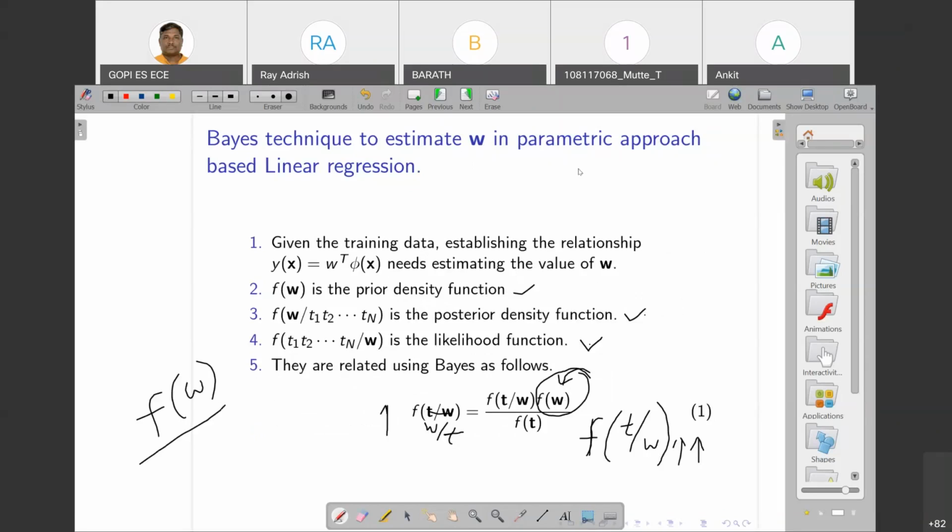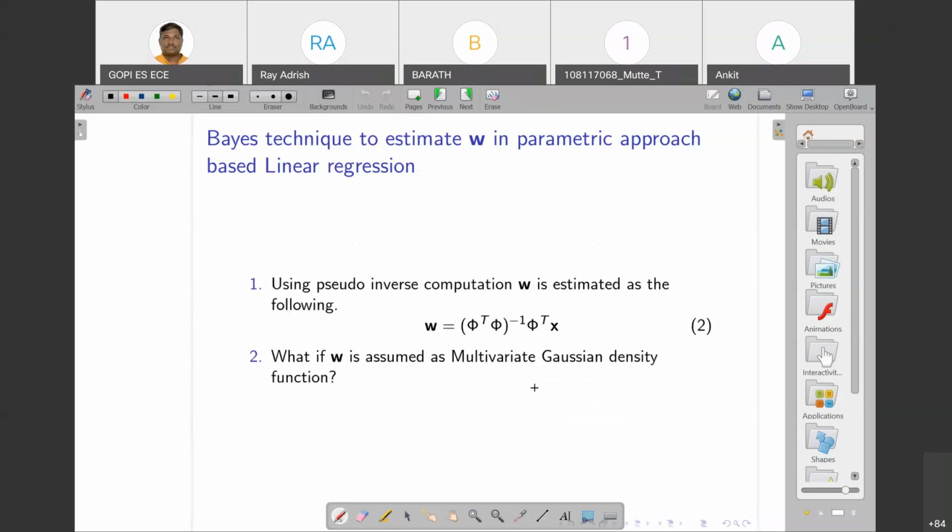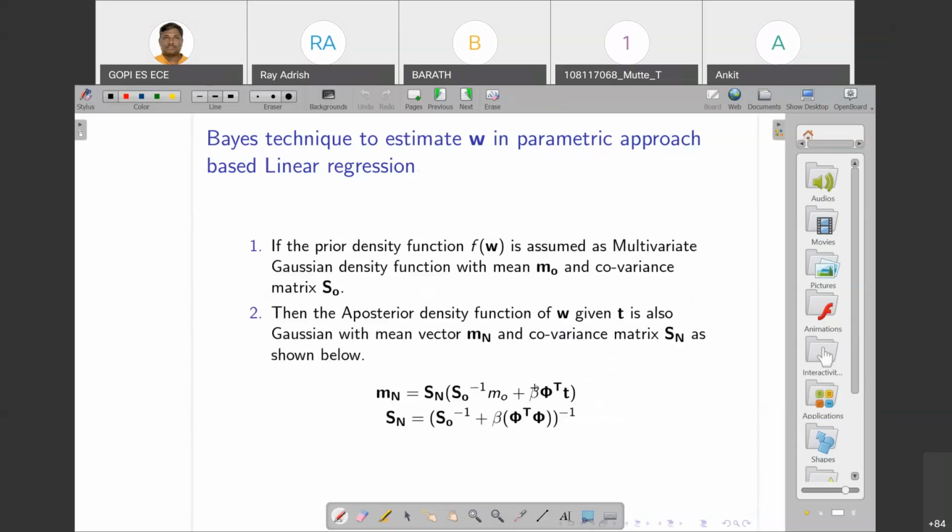So f of W is assumed as a multivariate Gaussian density function with mean vector m0 and covariance matrix S0.